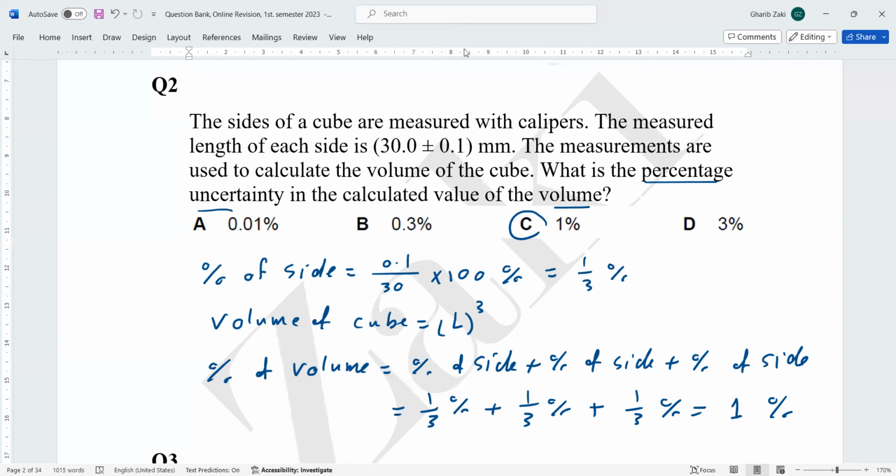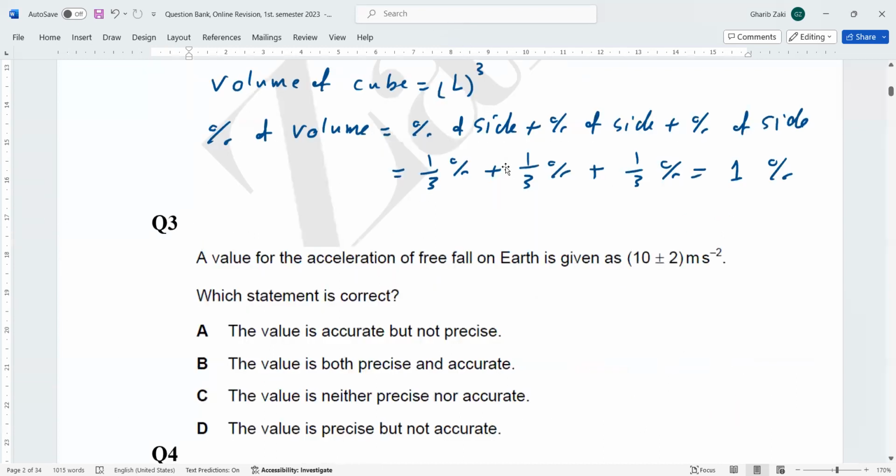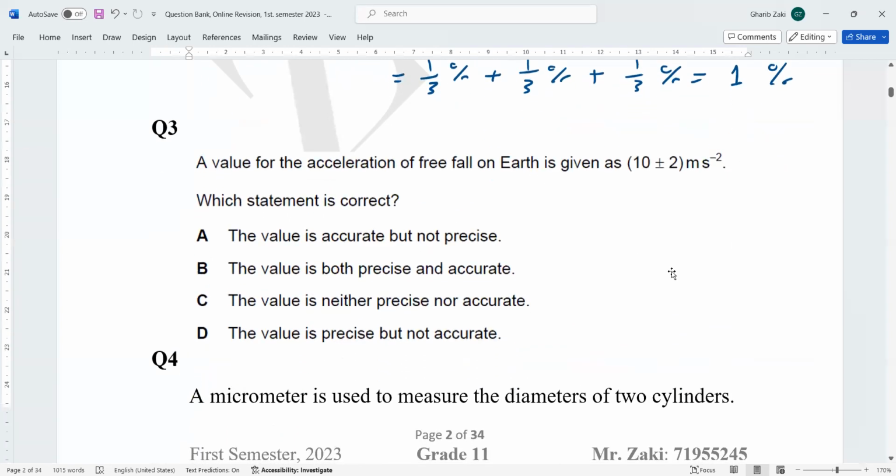Okay. Now, let us see the next one. Question number 3. The value for acceleration of free fall on Earth is given by, which statement is correct? The correct is the first part here. So this is the correct one. This is more accurate.